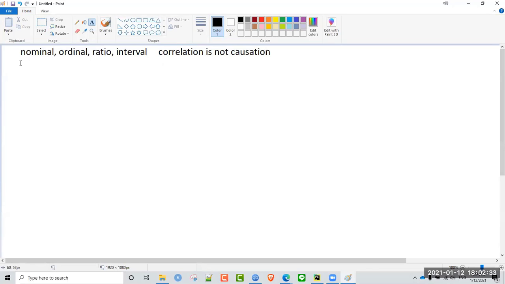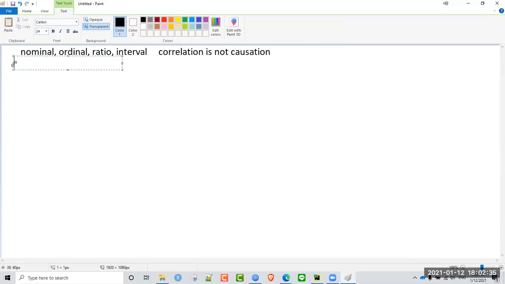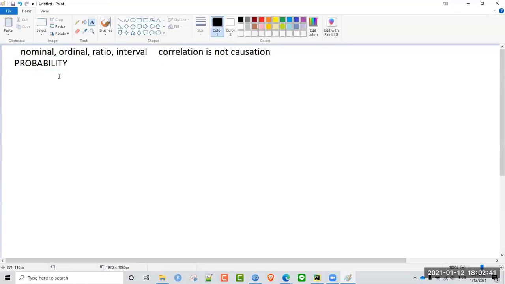So in the same way for probability, we're going to be studying probability now, which is not statistics. And for probability, we're going to study some very basic concepts first, and then use those basic concepts to study further.